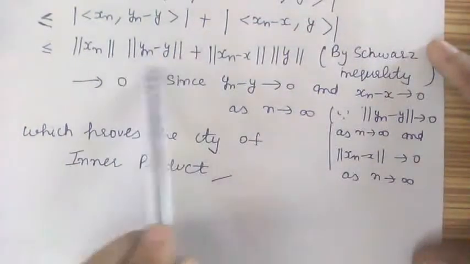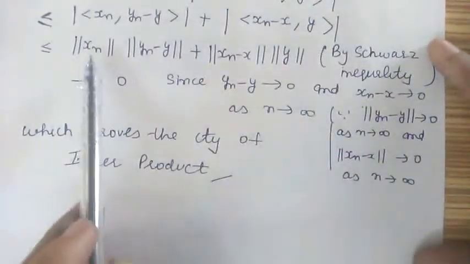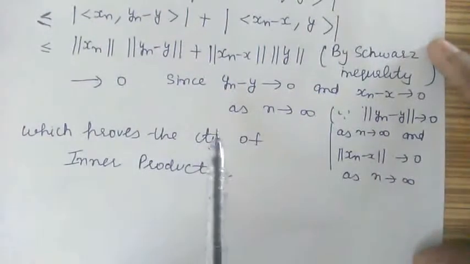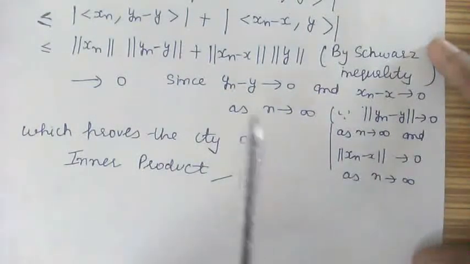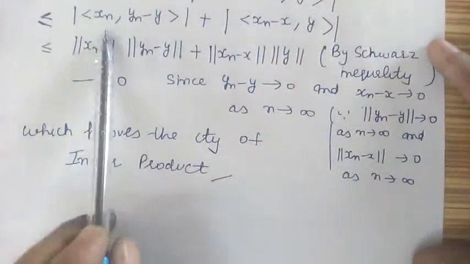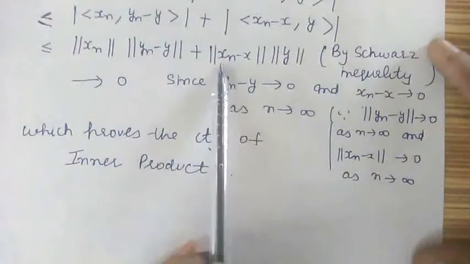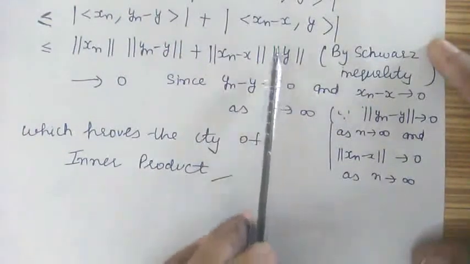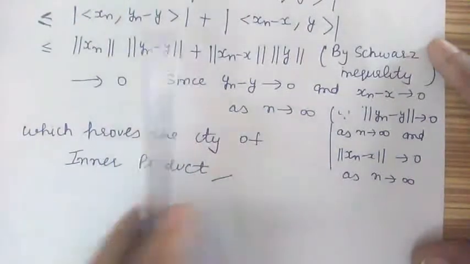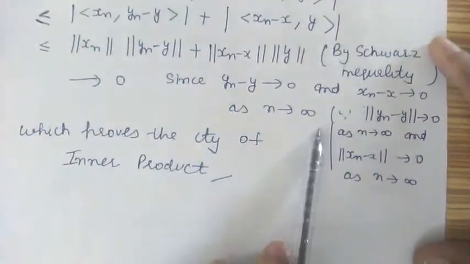Now this is approaching 0, this is approaching 0, this value is finite. Also the sequence xn is a convergent sequence, so it is a bounded sequence. Bounded means ||xn|| is also finite. This is finite, this is approaching 0, this is approaching 0, and this is also finite. So we can say that this whole expression approaches 0 as n approaches infinity.